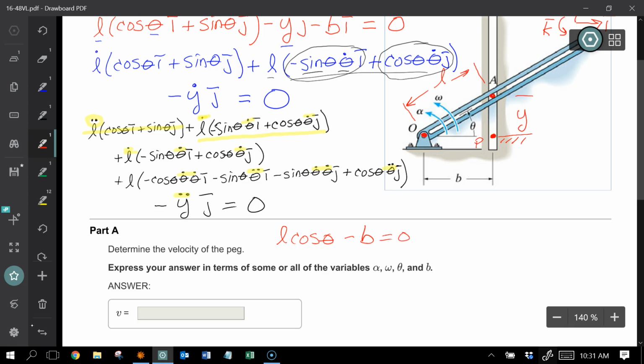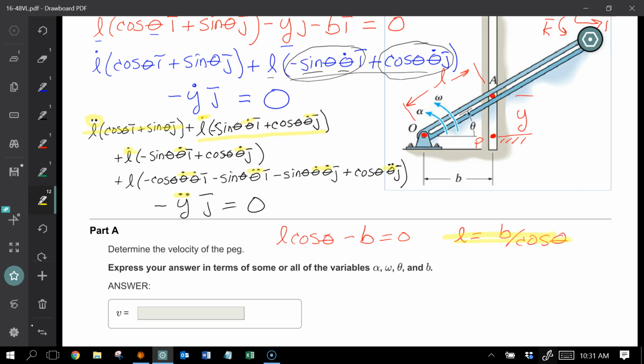You can solve for L. L is equal to b divided by the cosine of theta. That's one of the advantages of doing the vector loop: you can get these values and you don't have to use anything you know from geometry. Triangles are easy, you could do this in your head, but if the machine was something other than a triangle, you can trust the math to give you the value you want.